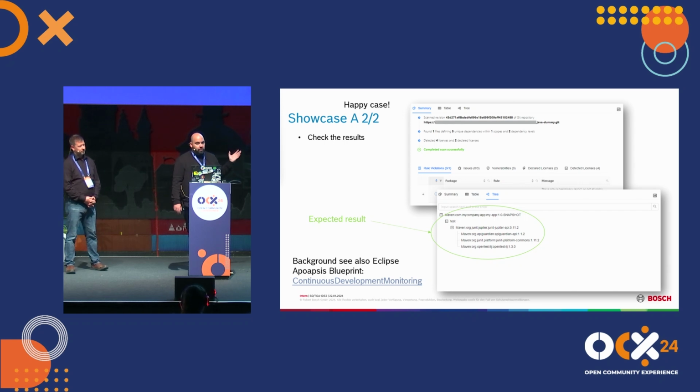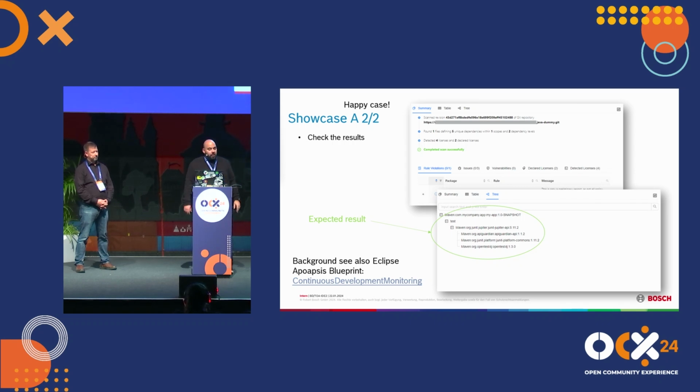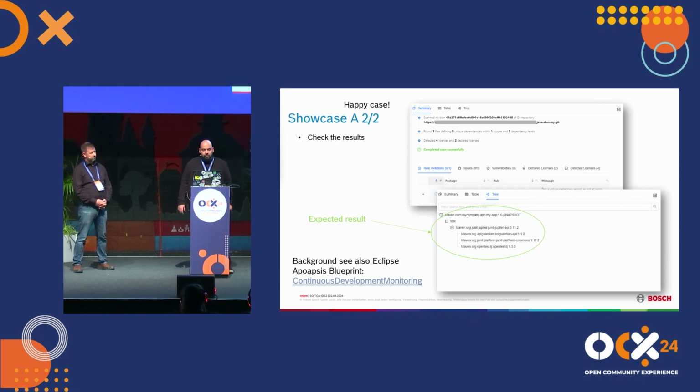So if you open your scan web app report, you get a summary, you get a dependency tree, and in the dependency tree you can see the list of all your dependencies. For more additional information, you can also follow the link to see the Eclipse Apoapsys blueprint that we have for that particular showcase shown here.